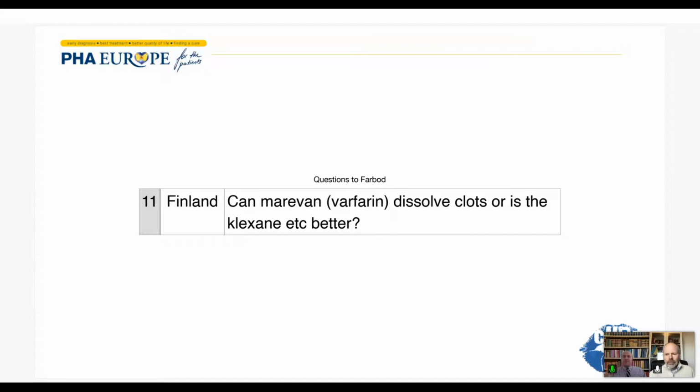And so as far as we know, the blood thinners are all at least as good as each other, if you will. But what we don't know is if any of them are actually a little better than each other. That is, the studies are not powered enough or designed to tell subtle differences at that level.